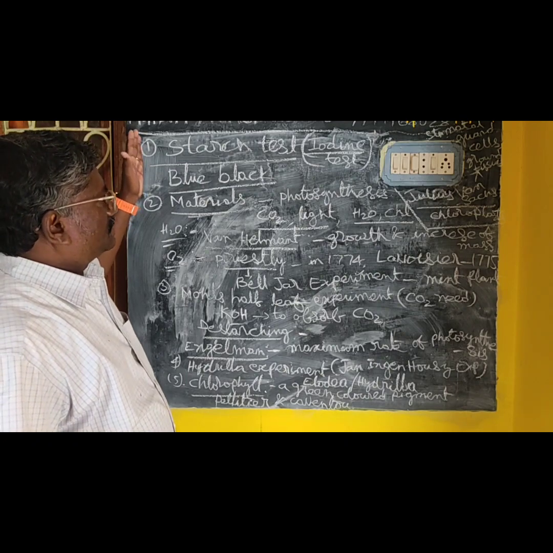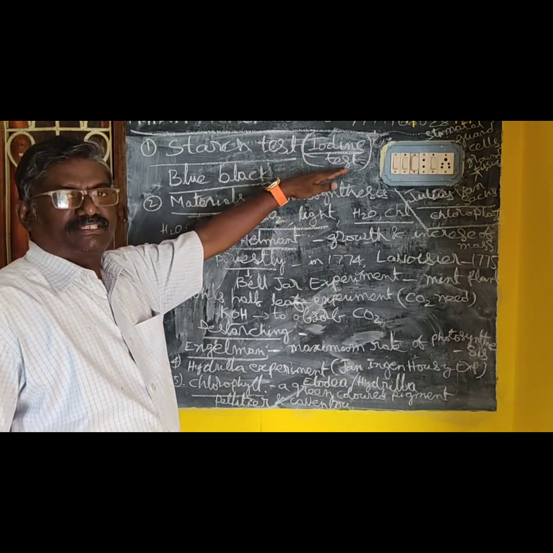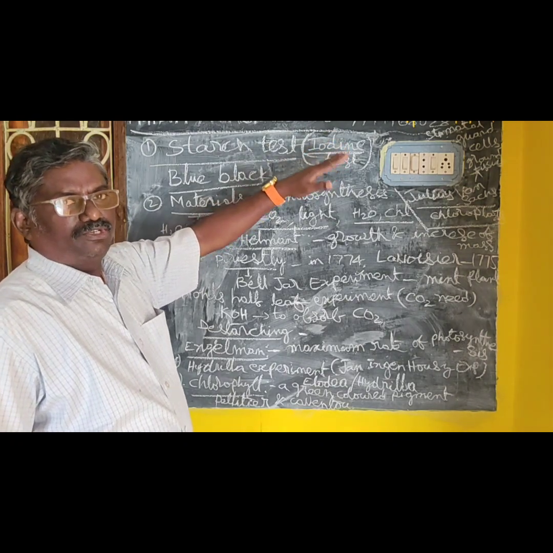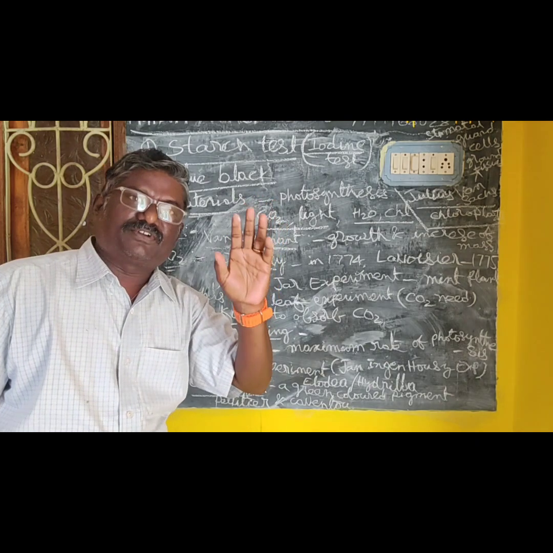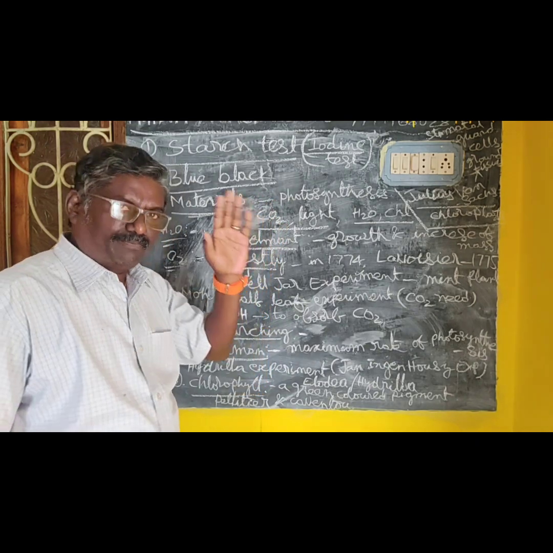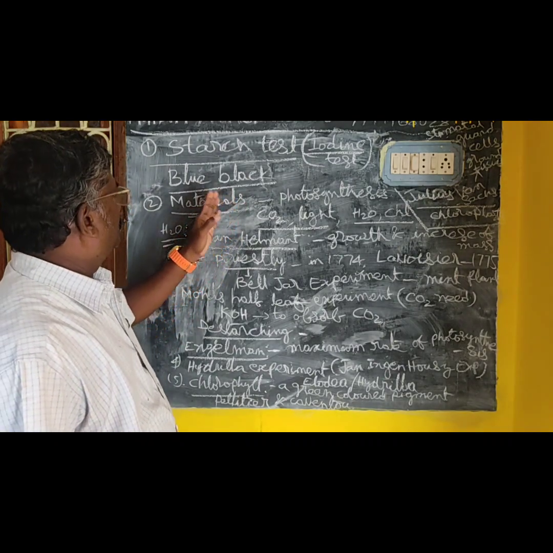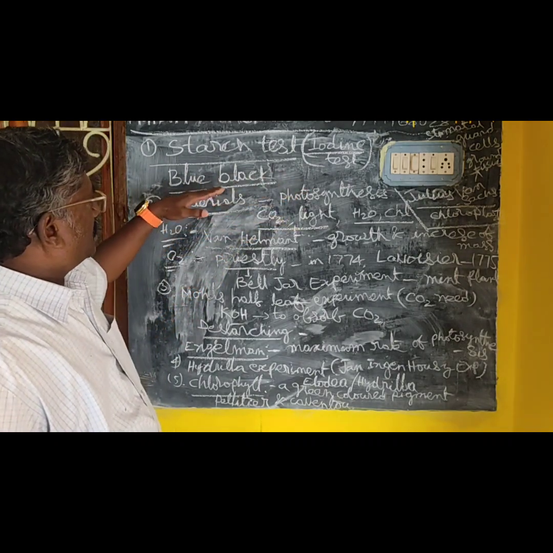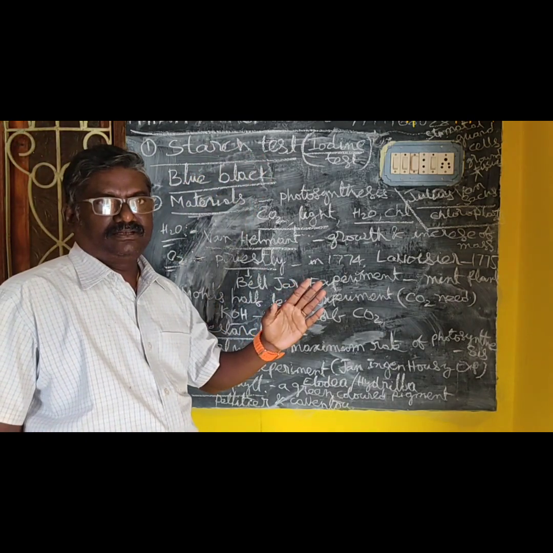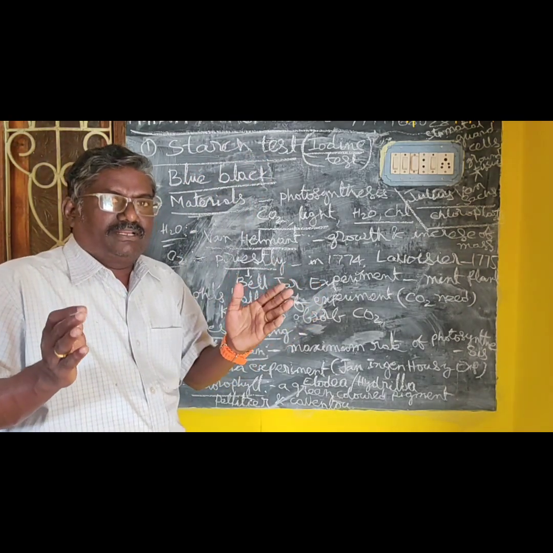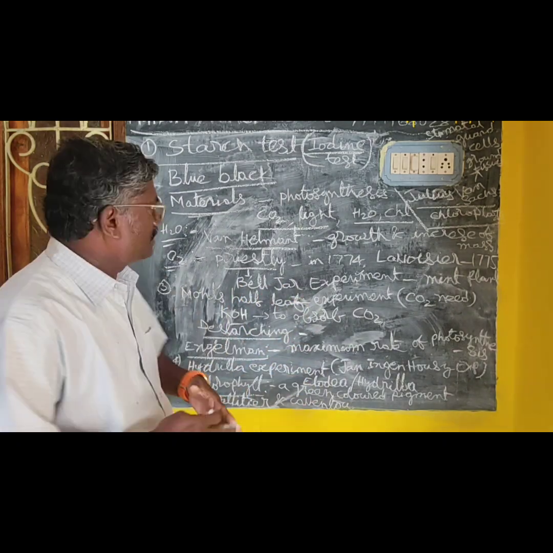So the starch test, also called the iodine test: in this test, iodine solution is used to test for the presence of starch in the leaves. The blue-black color indicates the presence of starch.